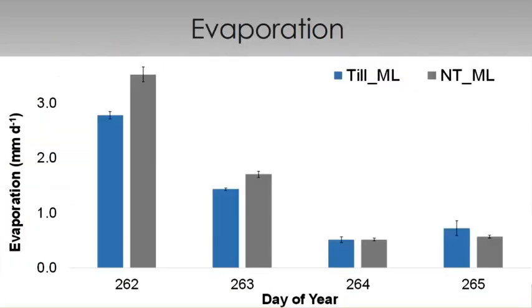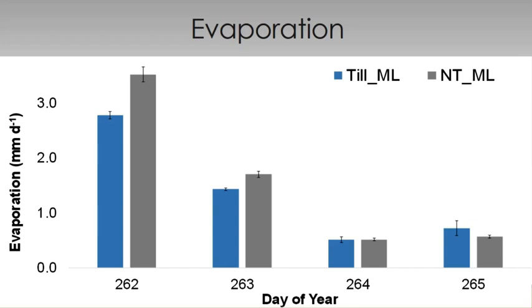And looking at evaporation of water during period 2, we see, contrary to period 1, that no-till actually evaporated water at a higher rate than the till soil did during our second period, especially during the first 2 days when we believe the soil water to be energy limited, or stage 1, depending on how much available energy was occurring.